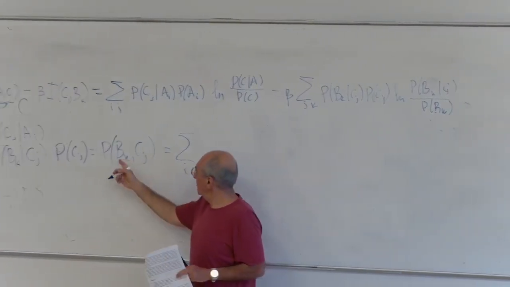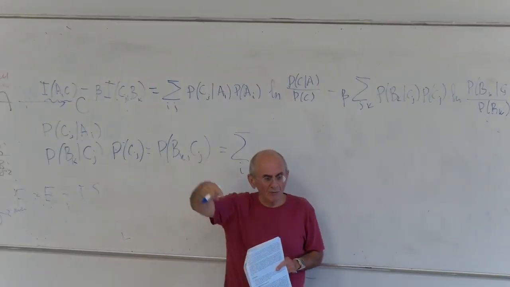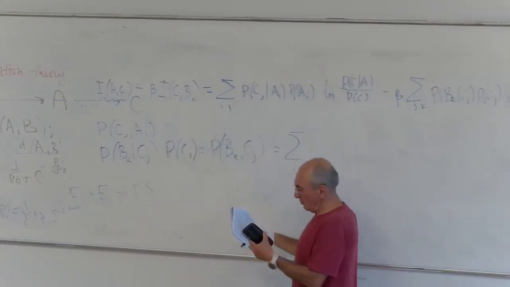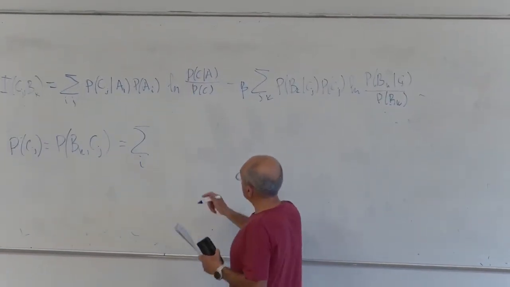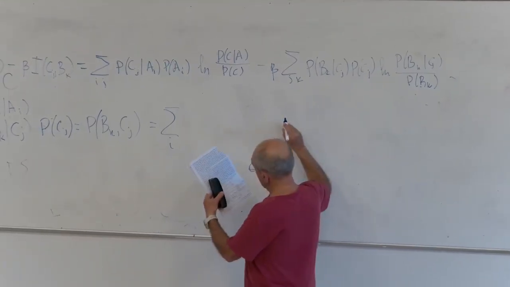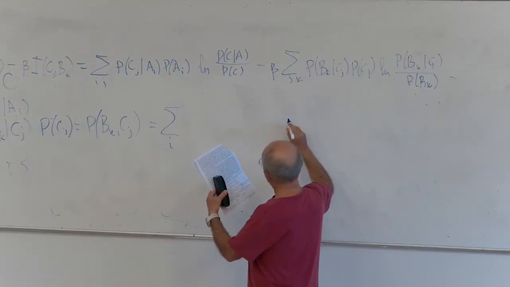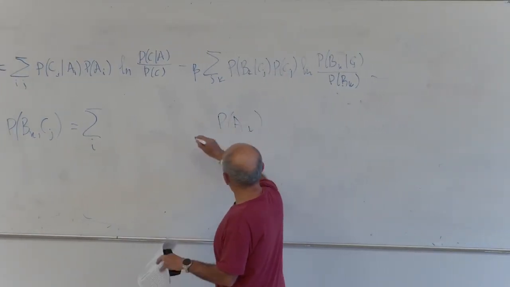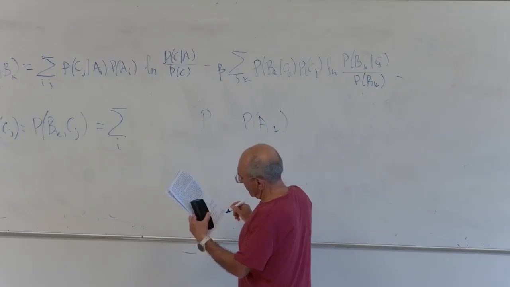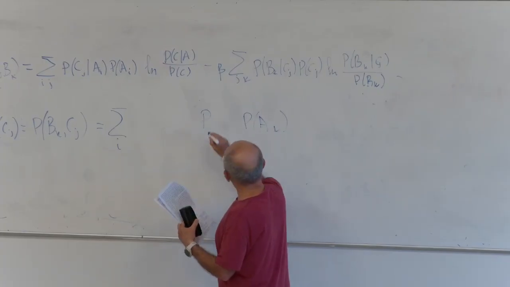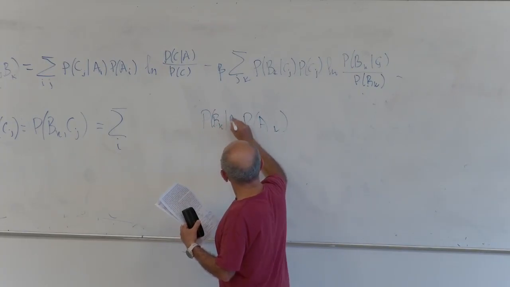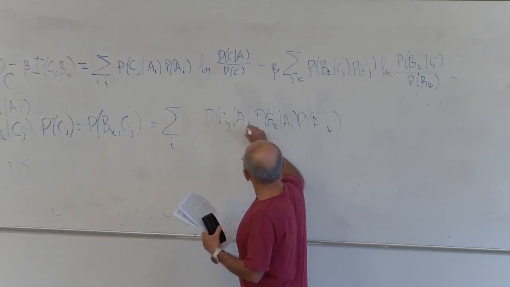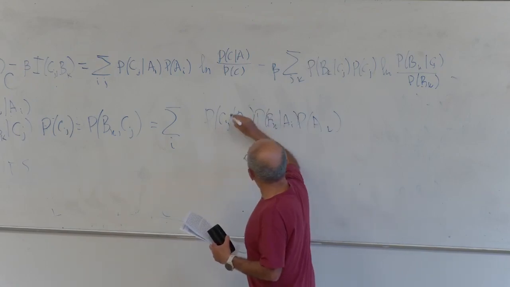So I can come into this pair one way from C to B, but I also can come through A, and this would be as follows. I'm writing it from right to left. So I start from P of A_i, then I multiply by the probability of B_k given A_i and the probability of C_j given A_i. Okay?